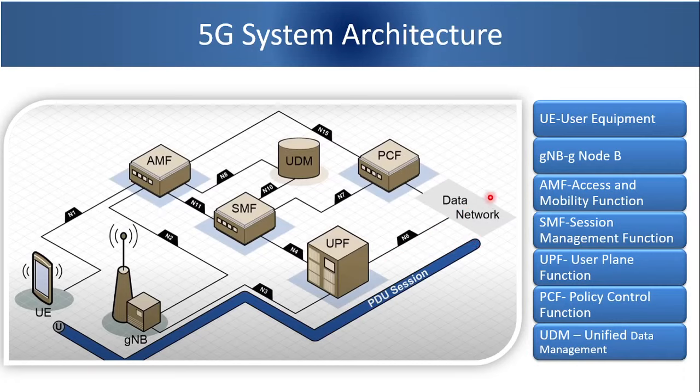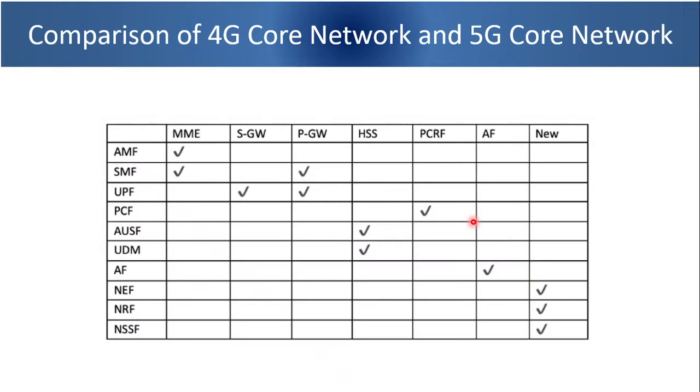So that's why we call it a generic name, data network. For example, this data network could be IMS to support voice over IP or voice over new radio, or it could be any AR/VR service, or it could be internet, which is mostly used. So the data network.